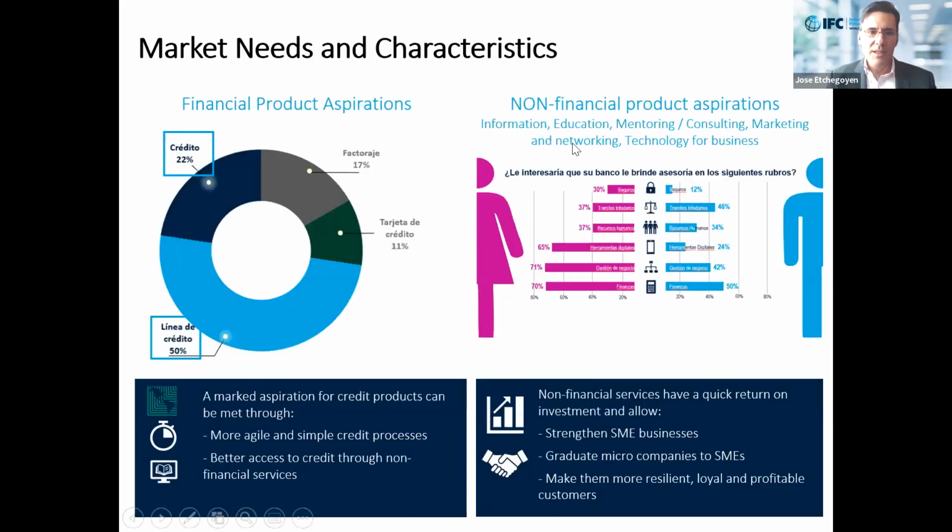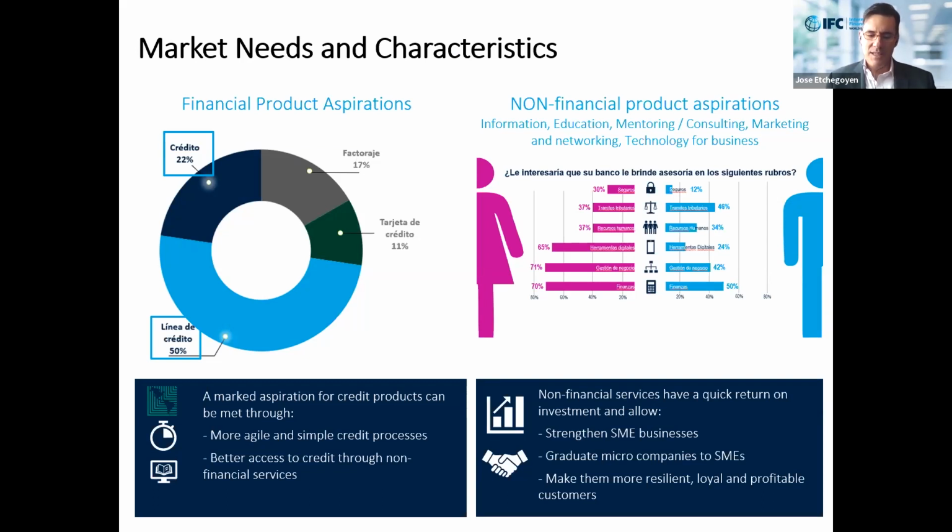So going to the next one, we're going to see some numbers, some characteristics of the women market. And here, just to share with you, this is a study we did in 7 countries in the Central America region, and this is the consolidated information of those 7 countries.